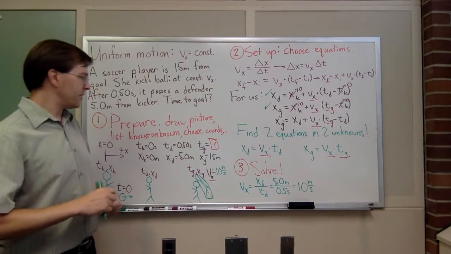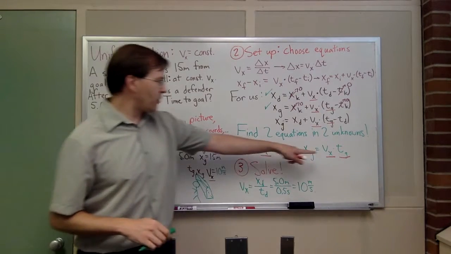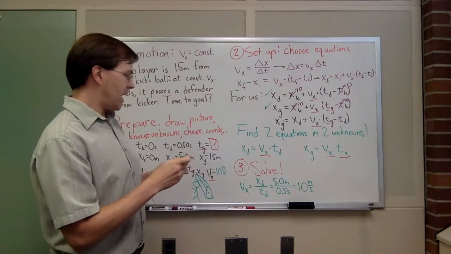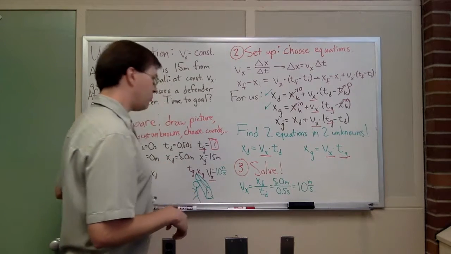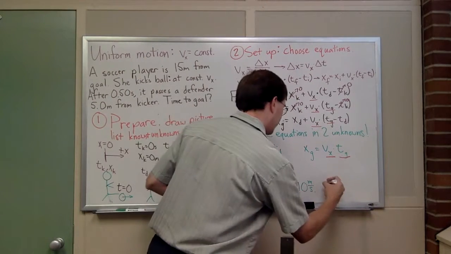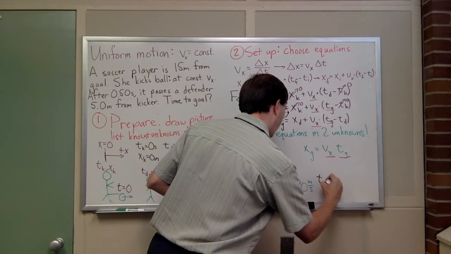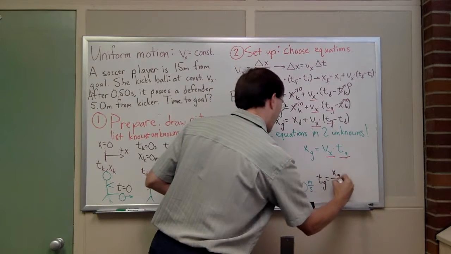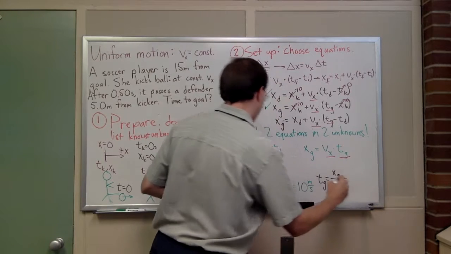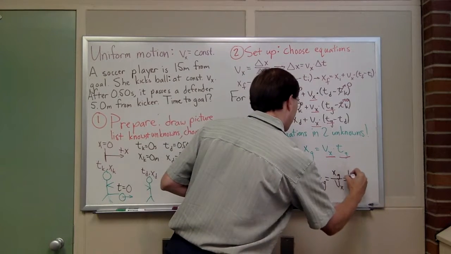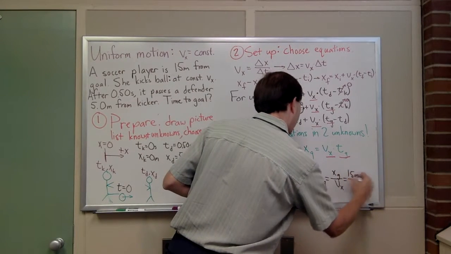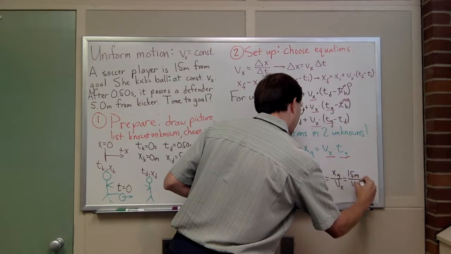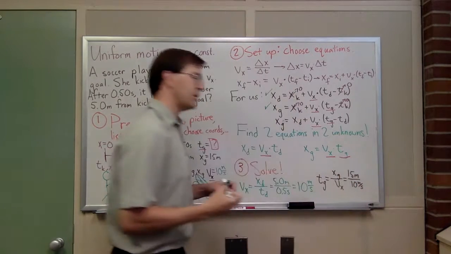I found it. And then I can come over here and take my other equation and plug that in: t goal is equal to x goal divided by Vx. And I know those things. X goal was 15 meters, and Vx is 10 meters per second.